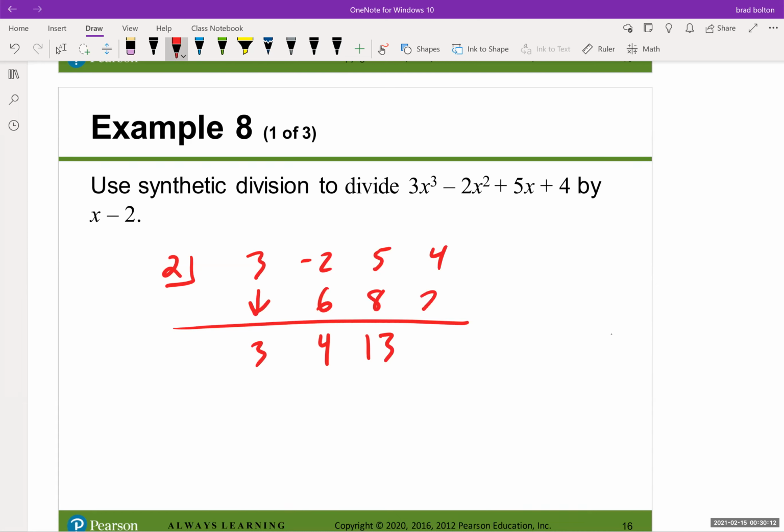And then 2 times 13 is 26. So this becomes 30. Let me just make sure I'm not making any silly mistakes. Okay, so we have that. Now remember, the power started off as an x cubed, and we divided by an x to the 1. So our final answer should be in terms of x squared, x, and then no x's. And then here's our remainder.